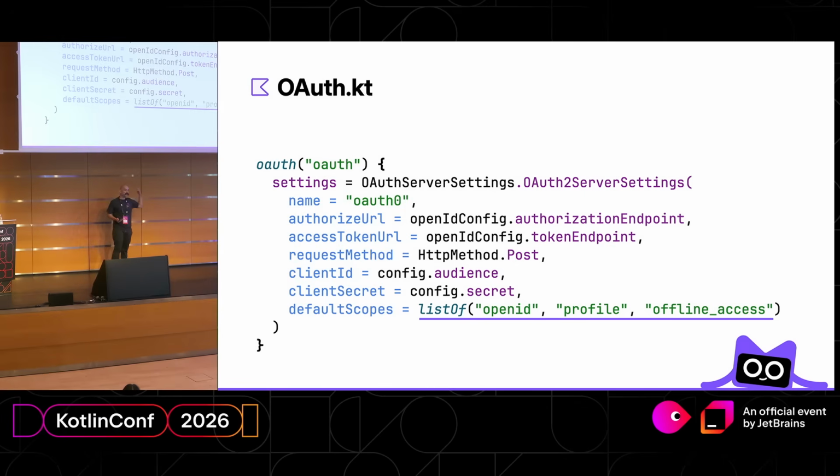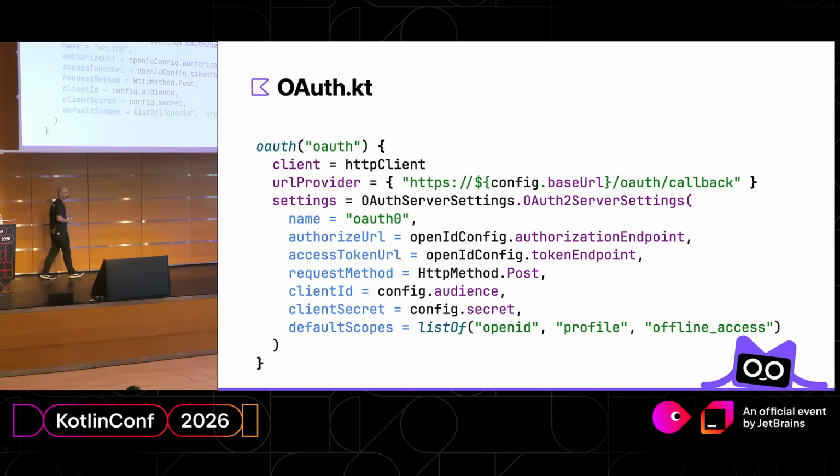And actually, the only critical part that we are configuring here is the scopes. I'm requesting the OpenID scope such that my token will include an ID token. I'm requesting basic profile information, which is name, email, and profile picture. And I'm requesting offline access. Offline access is needed such that it will include a refresh token, so that you can automatically refresh the token for the user.